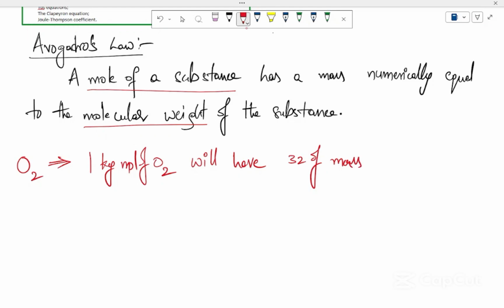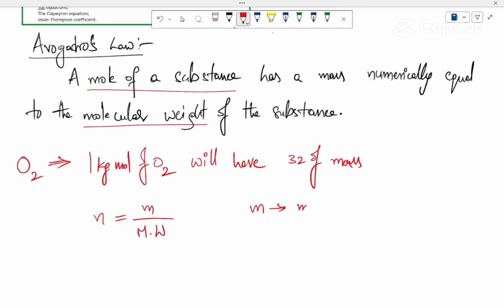So what is the meaning of this? If I look at this here, N is the number of moles, that is your kg moles, that is equal to 1 kg mole. So the number of moles N is equal to mass by molecular weight, N = M / MW.